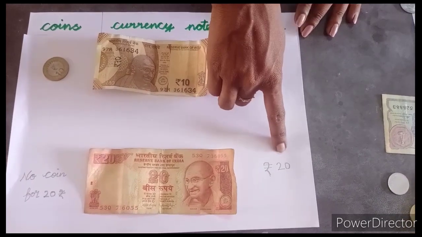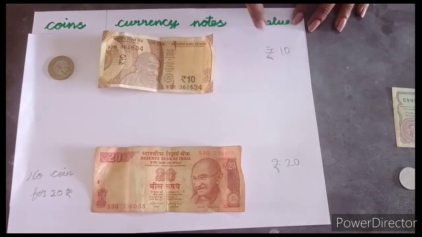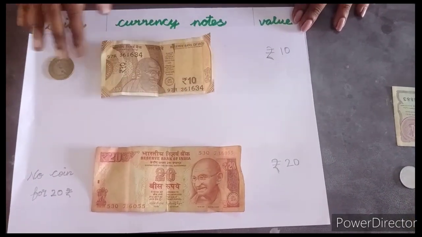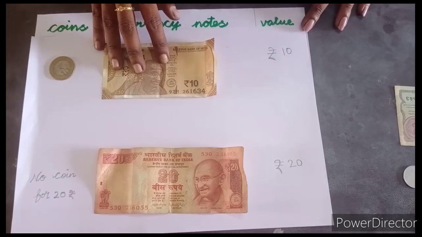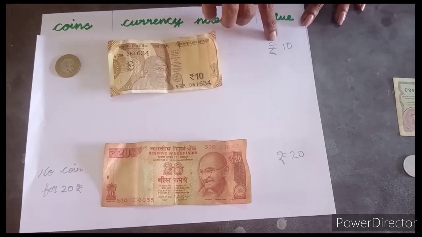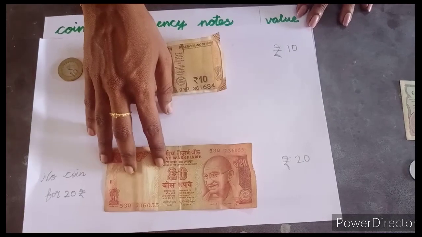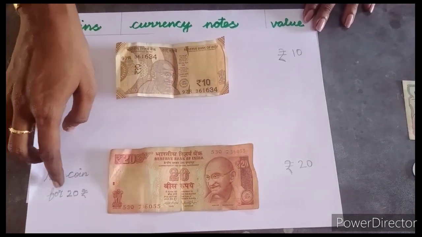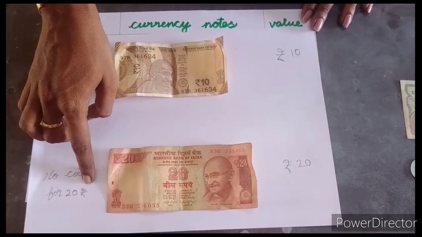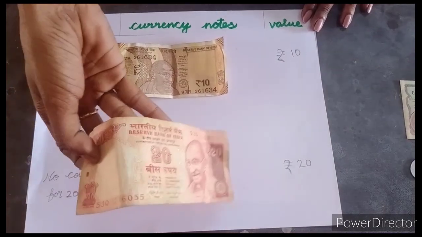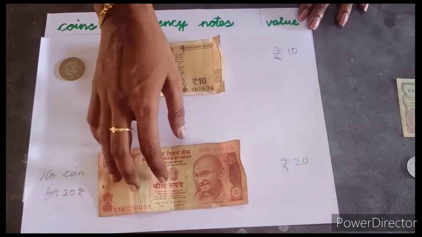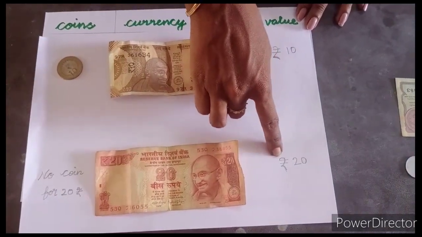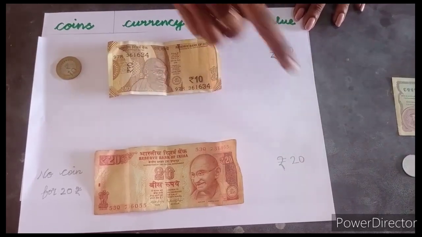Value rupees 20. 10 rupee coin, 10 rupee currency note, rupees 10 value. And no coin for 20 rupees. This is the currency note for 20 rupees, value rupees 20.